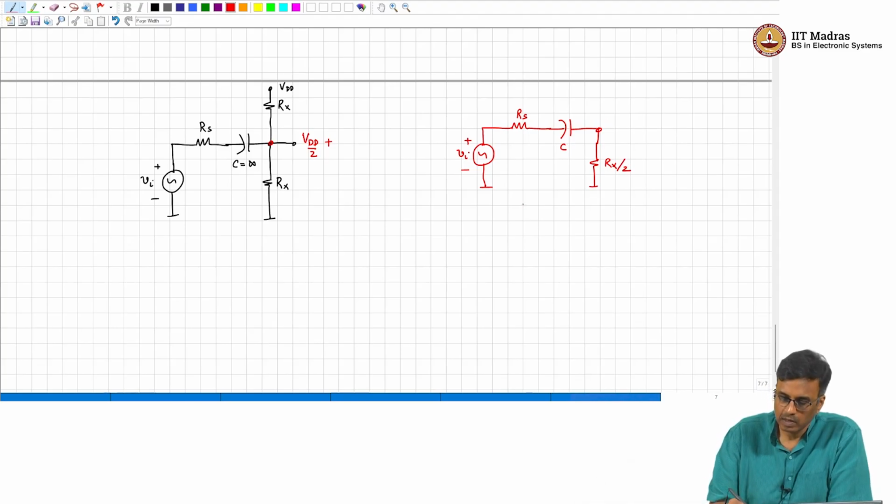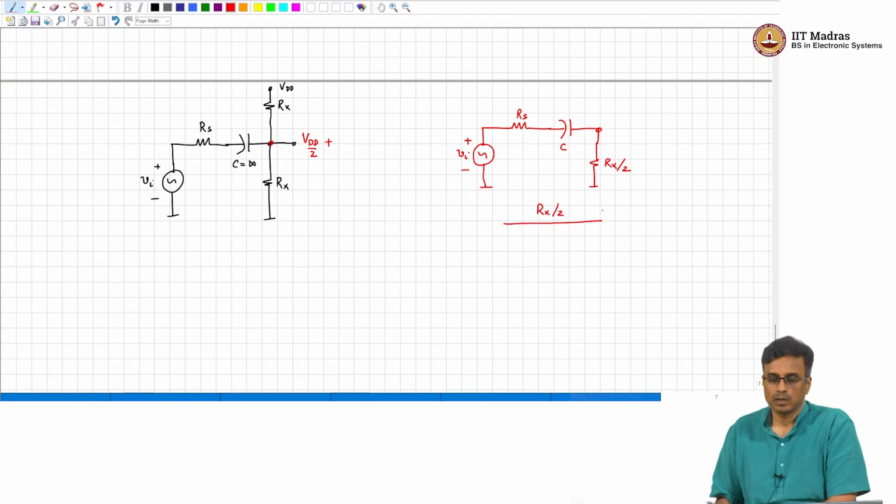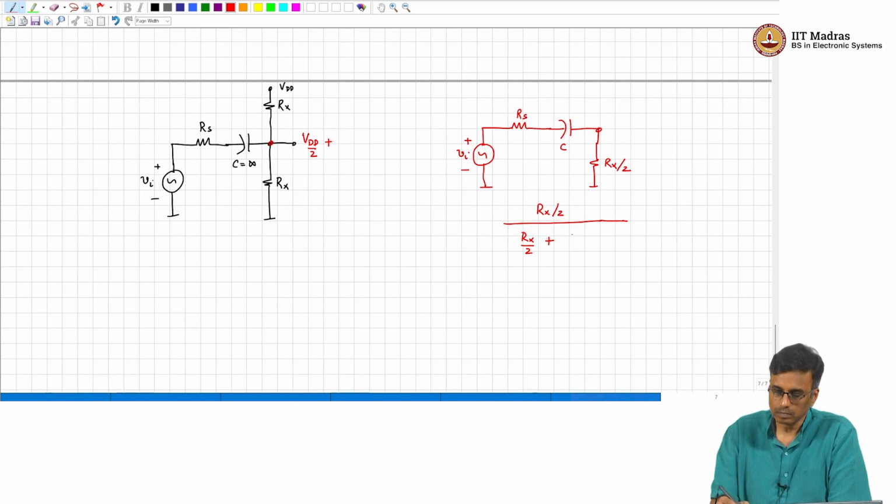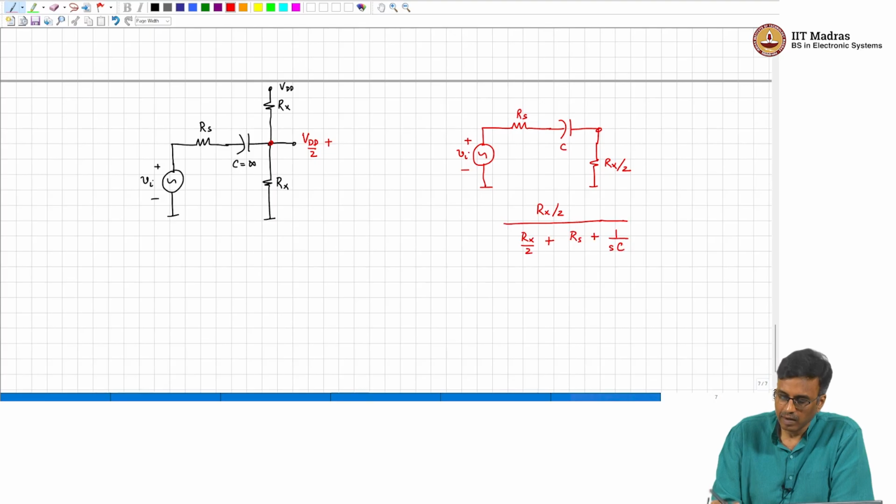Just use the transfer function: Rx by 2 divided by Rx by 2 plus 1 by sC.